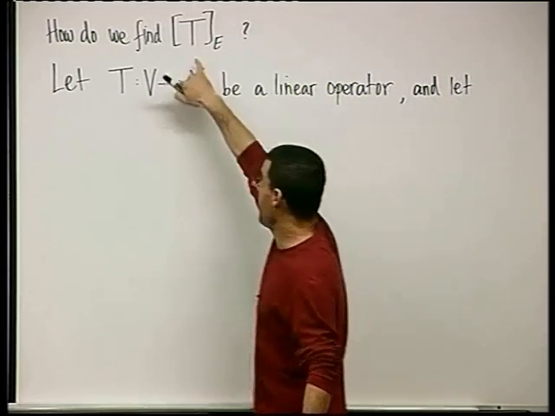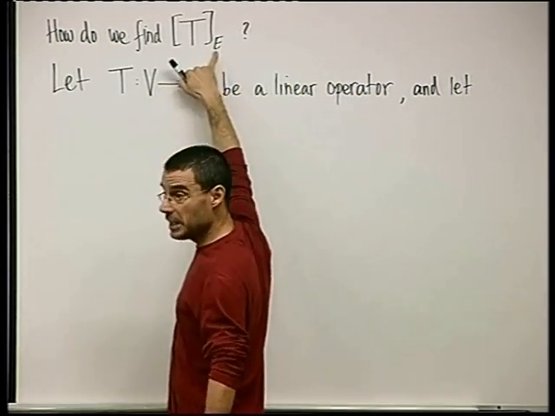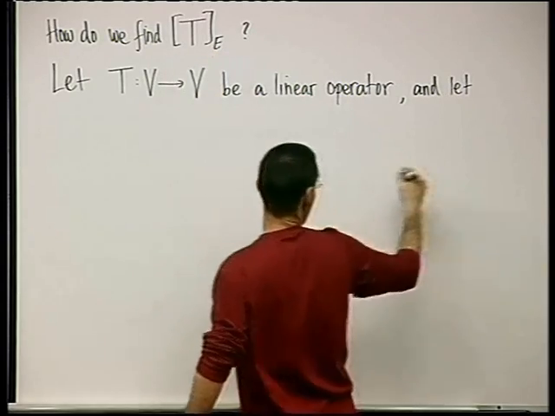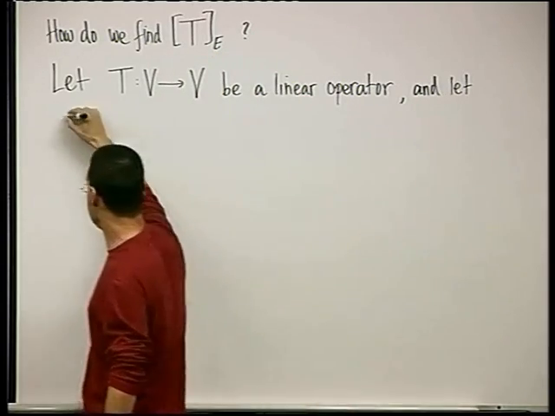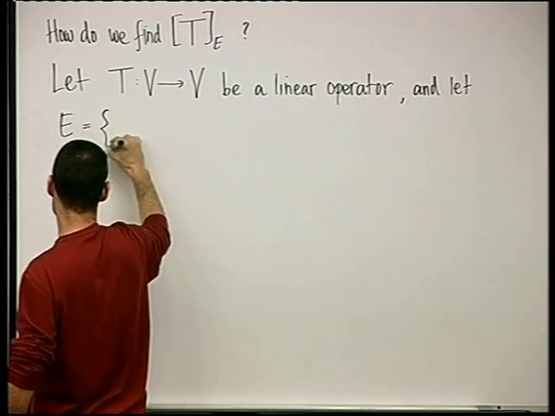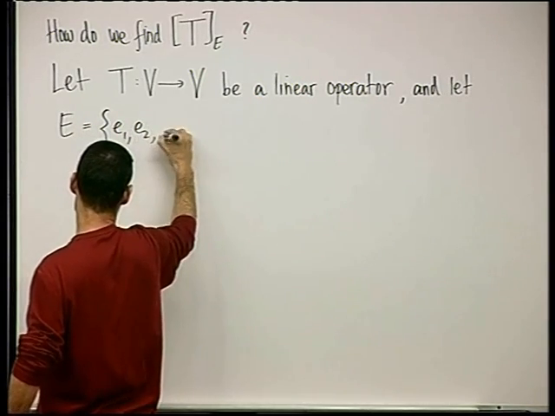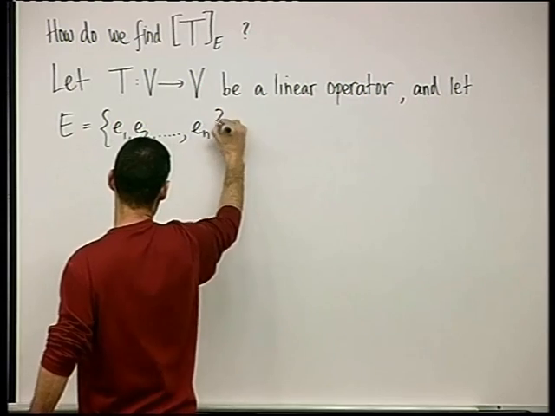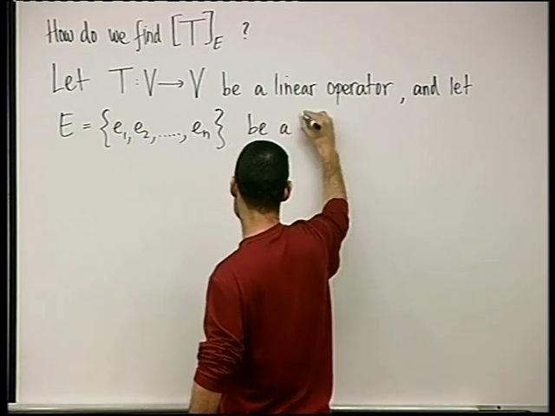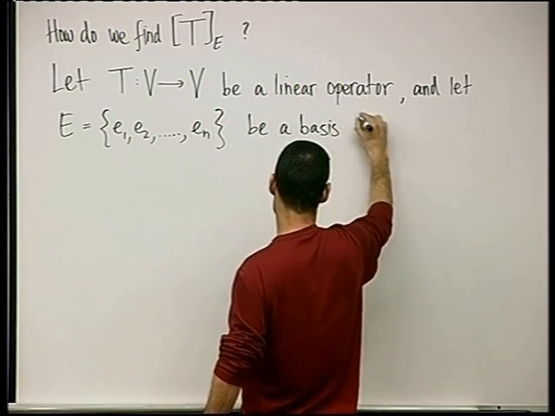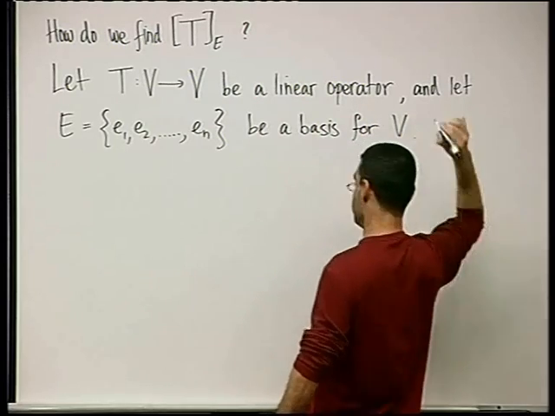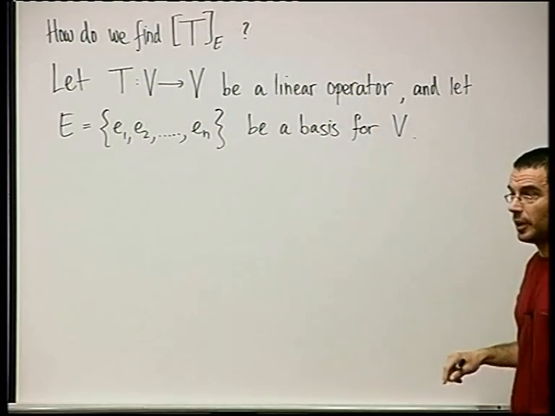That's one ingredient, the T here. The other ingredient we need is the E, the basis. Let E equal E1, E2, up to En be a basis for V. Those are the two ingredients involved.